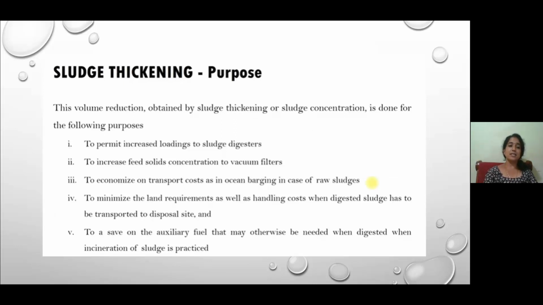Then what is the purpose of sludge thickening? It is to permit increased loading to sludge digesters and to increase feed solids concentration to vacuum filters, to economize on transport cost as in ocean barging in the case of raw sludges, and to minimize the land requirements as well as handling cost when digested sludge has to be transported to disposal sites, and to save on the auxiliary fuel that may otherwise be needed when incineration of sludge is practiced.